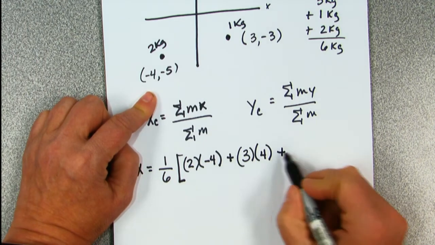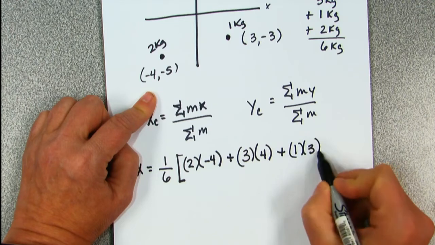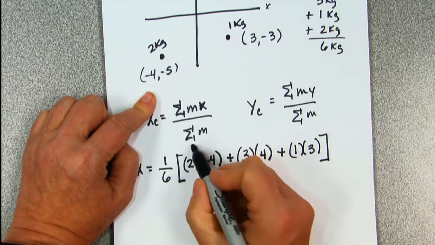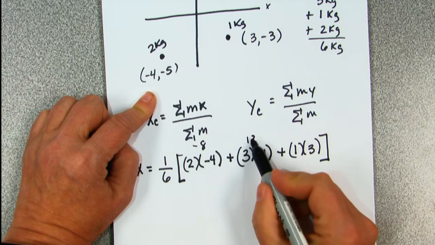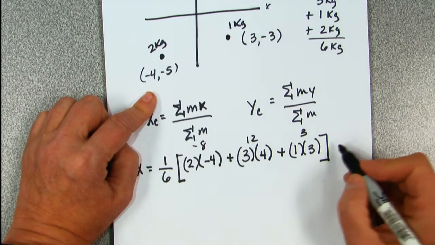And the third one, which is 1, and its x, which is 3. So this is minus 8, this is 12, and that's 3. So 15 minus 8 is 5, right? If I've done my arithmetic right.